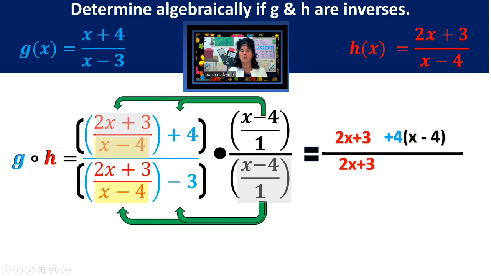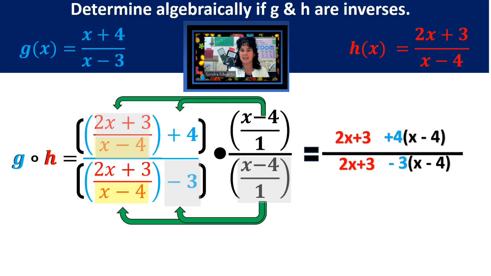When I multiply those together, I'm going to have negative 3 times x minus 4 over 1. But that's really x minus 4 times the negative 3. Okay, so here we have that. See how much cleaner the numerator and denominator look now by just multiplying the top by x minus 4 and the bottom by x minus 4.